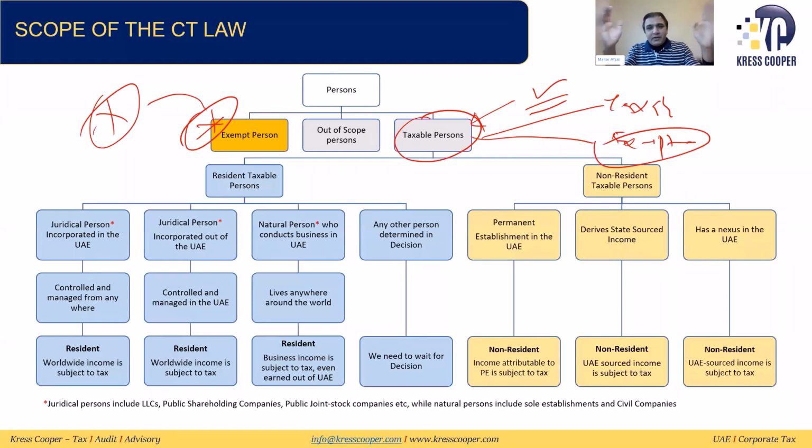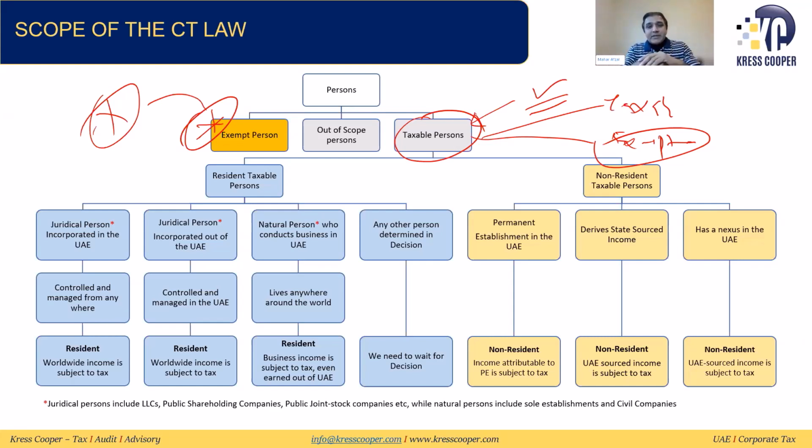First of all, we need to segregate. They are taxable persons. These are exempt persons. Exempt persons are themselves exempt from the UAE corporate tax law. We have discussed the 8 persons which are exempt from the corporate tax law. The taxable person might have exempt income, or might not have exempt income.